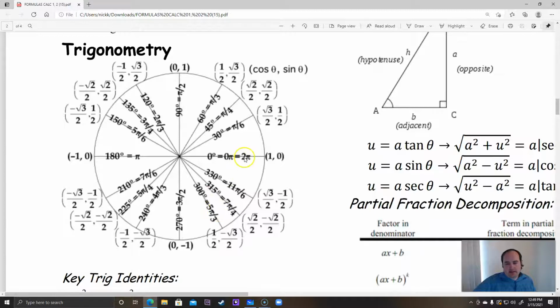You can basically just add 2 pi to negative pi over 3, and that gives you 5 pi over 3. And if you add 2 pi, that means you're right back where you started. Okay, so this is going to be our angle here, 5 pi over 3, which is the same as negative pi over 3. And for cosine, we're looking at the x-coordinate, which is 1/2.